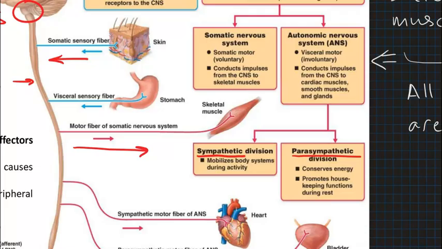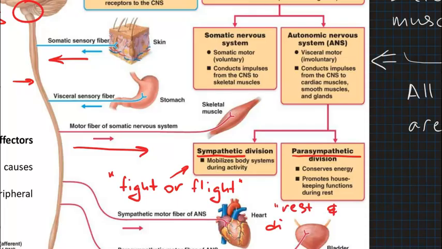Okay, so for now, we're not going to touch a lot on this stuff, but for future reference, the sympathetic division, we also know these responses as fight or flight, and parasympathetic, rest and digest.